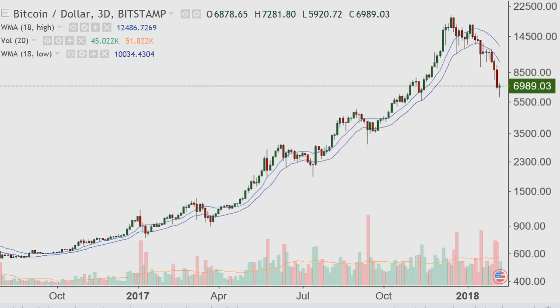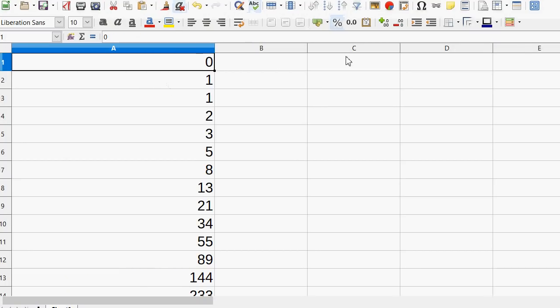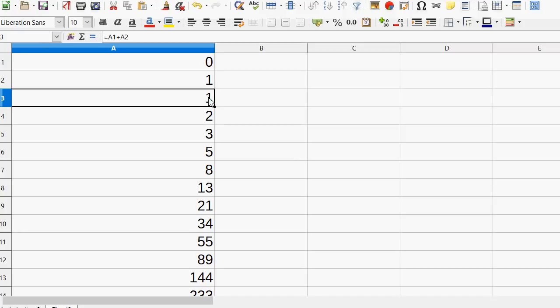Those who like math, binary, and of course spreadsheets, I can show you how we would do this. I have a spreadsheet here. And what I do in the first column is I put the number 0 in, the no in binary, the yes in binary of 1, and the rest of the way is equals A1 plus A2, which 0 plus 1 is 1.